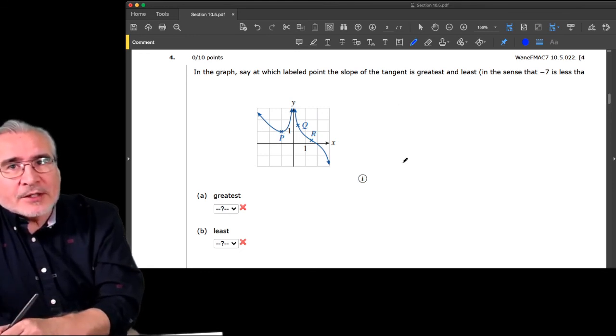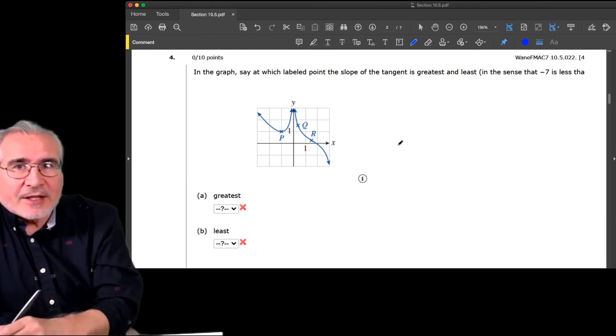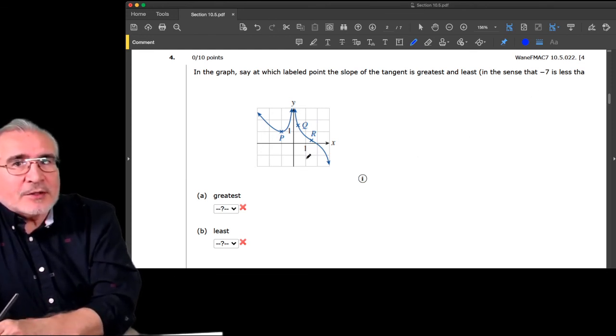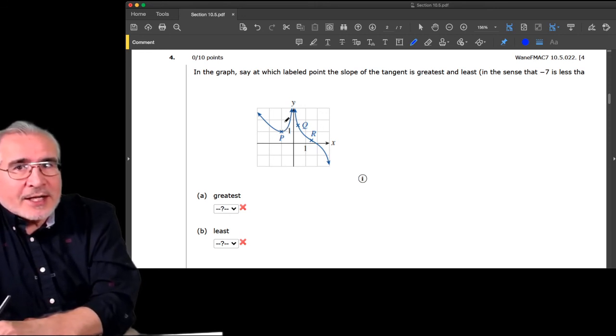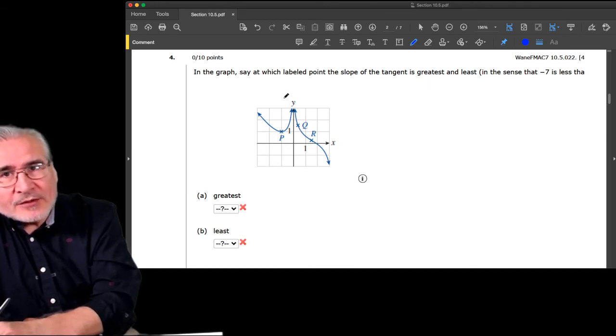And negative numbers are smaller than positive numbers. Negative numbers are less than 0. So I can see right here, see P, if I draw that tangent line, it looks like the slope is 0. And then when I draw the tangent line through Q, it's going to be negative, and it looks steeper than when I draw it through R.